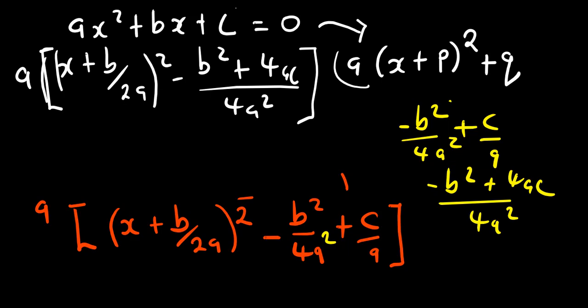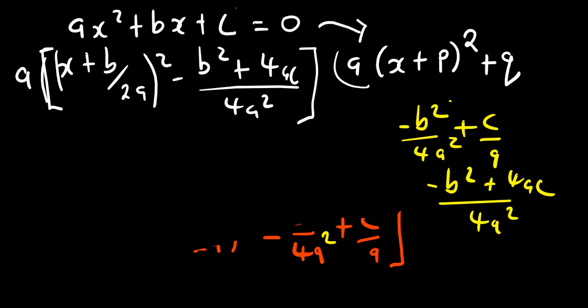So now what are we going to do? We said we are supposed to distribute the a, so let's distribute the a and we see what we are going to have, because we want to achieve this expression.